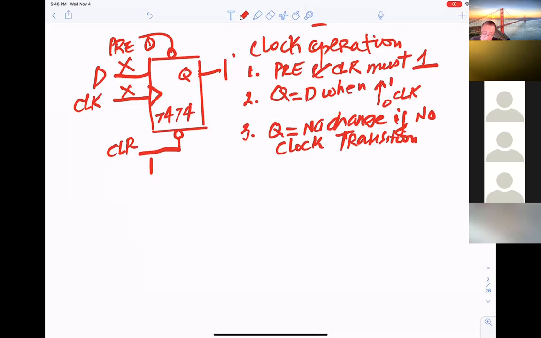Okay, and now we'll see. If I get D equal 0 and I get the clock going from 0 to 1, what is Q?